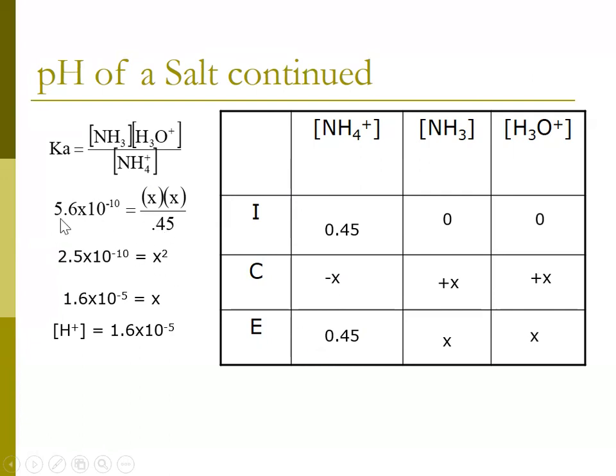This 5.6 times 10 to the negative 10 equals x times x over 0.45. The only thing that's ever changing is the K and the initial concentration. That number's always going to be on bottom.